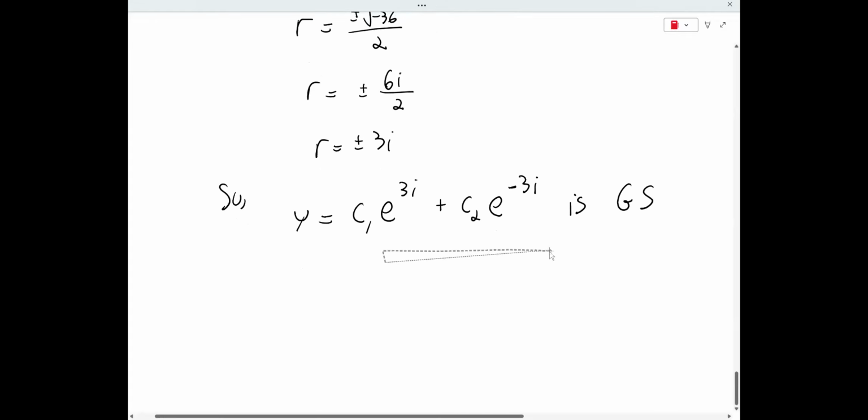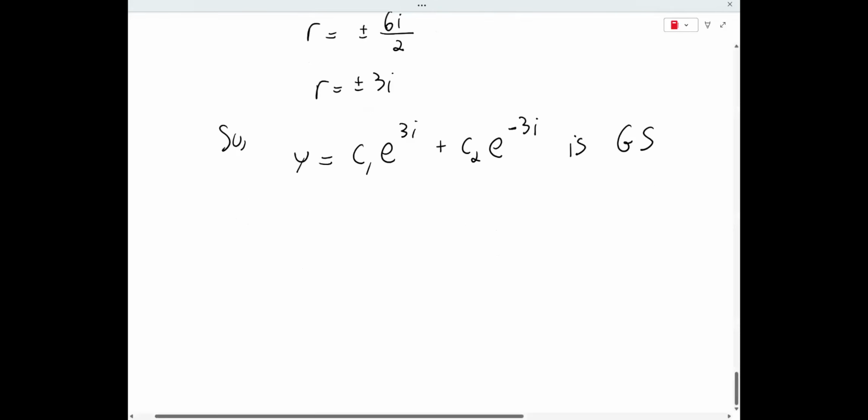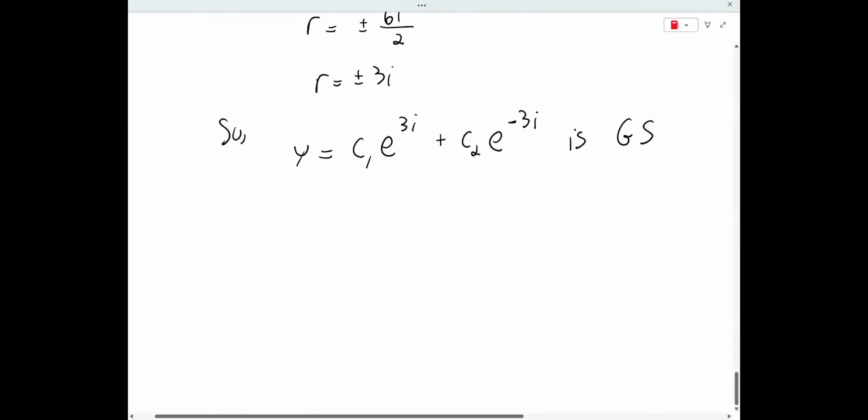So now what from here? Well, this goes back to Euler again. You can write some of this down if you like. We'll get to the answer in a minute. There's one called Euler's formula.